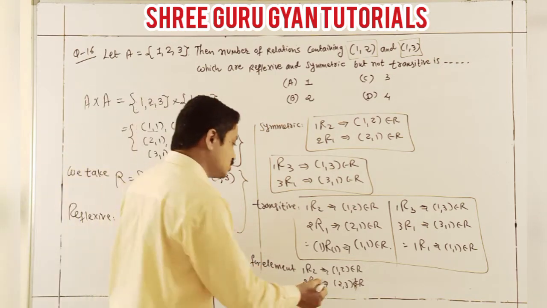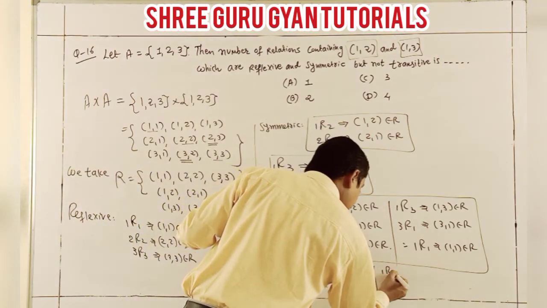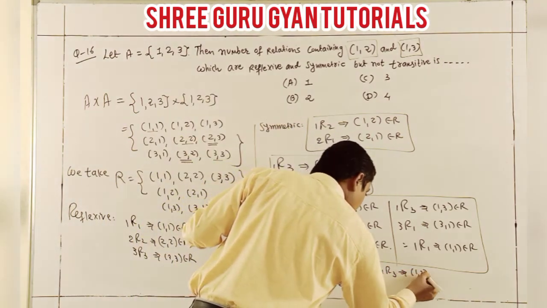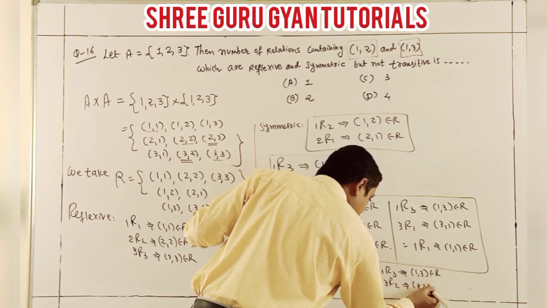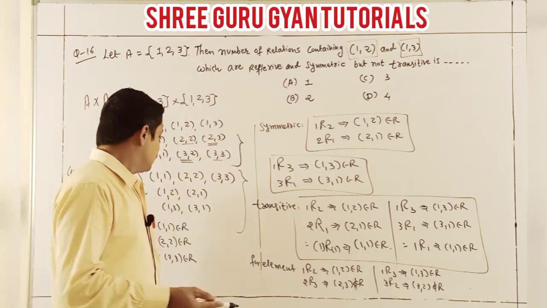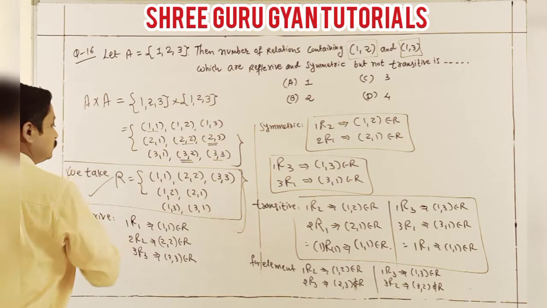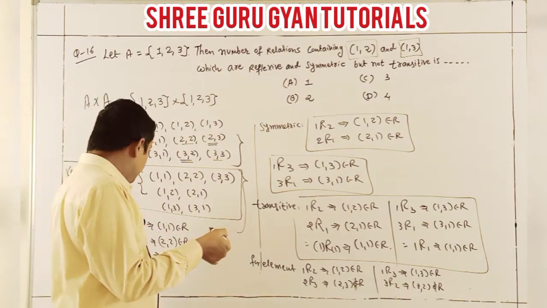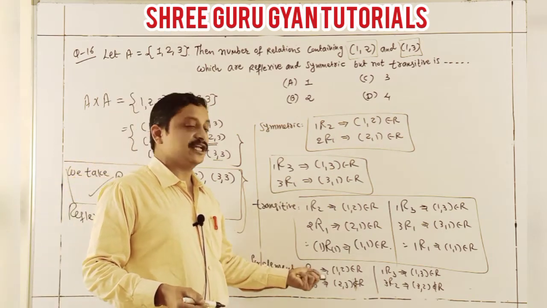Same as also students, if you take one more, 1 relation 3 belongs to R, but we cannot check 3 relation 2, because here it is not transitive. Finally, only this relation is valid for our reflexive, symmetric, but not transitive.